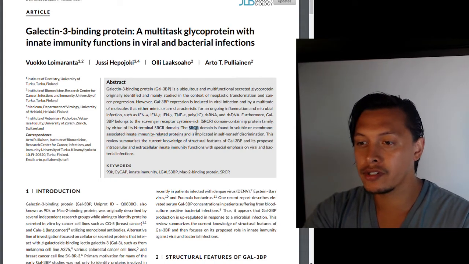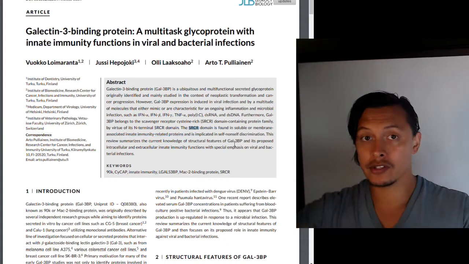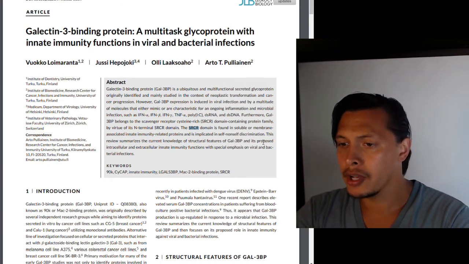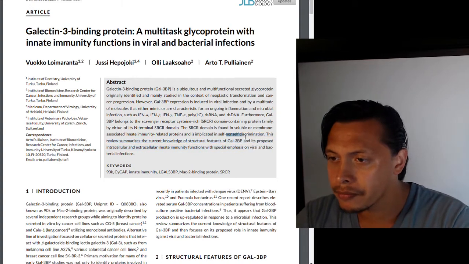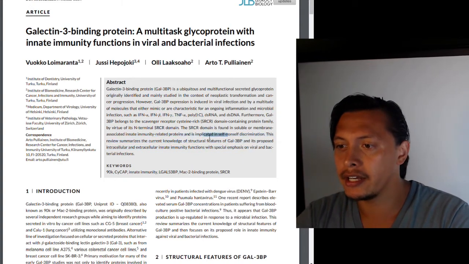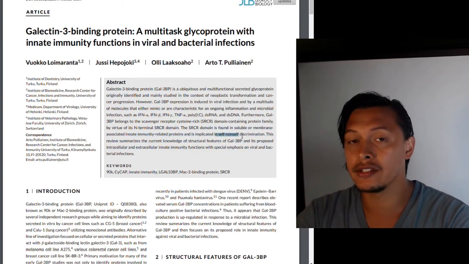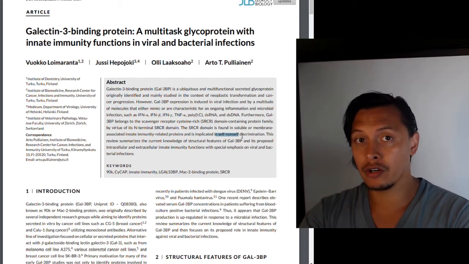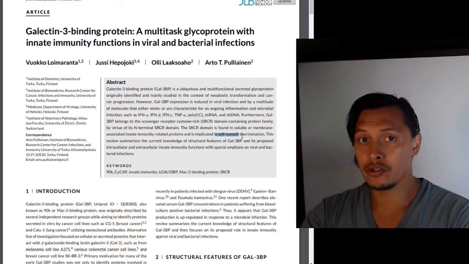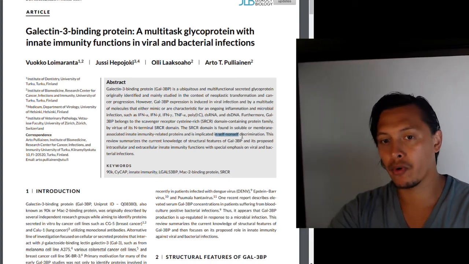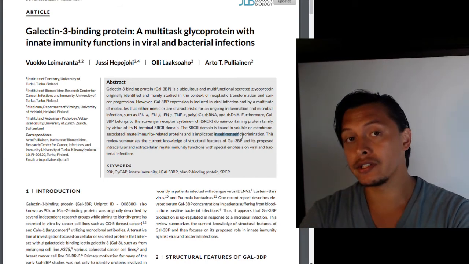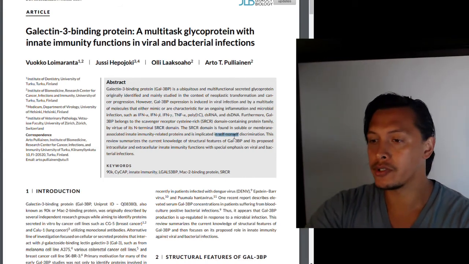So this SRCR domain is found both in the solution and anchored to the membranes of cells, and it is implicated in self versus non-self discrimination. So these scavenging receptors are able to somehow figure out how to separate between what are proteins that your own body produces and what are proteins that the pathogens are producing.